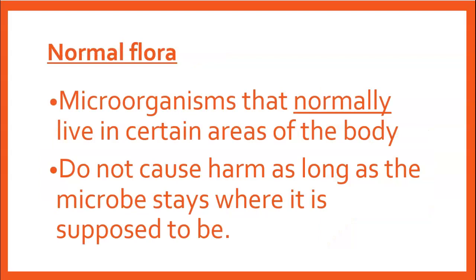Another term that you should be familiar with is normal flora. So normal flora is microorganisms that normally live in certain areas of the body, and they don't cause harm as long as that microbe stays where it's supposed to be. So an example would be E. coli in the intestinal tract, or in the gastrointestinal tract.